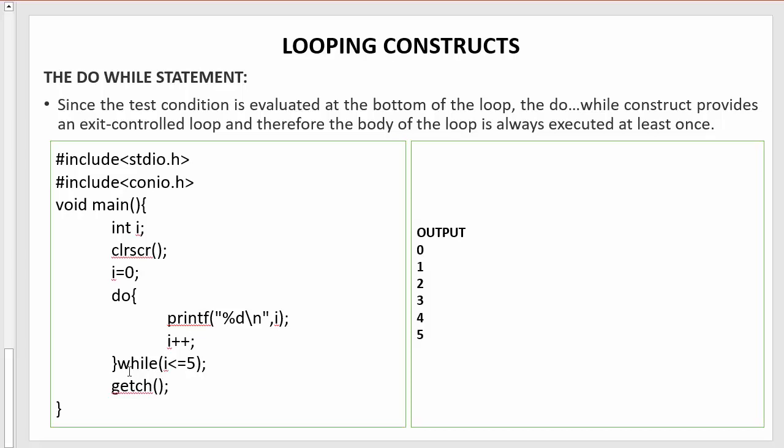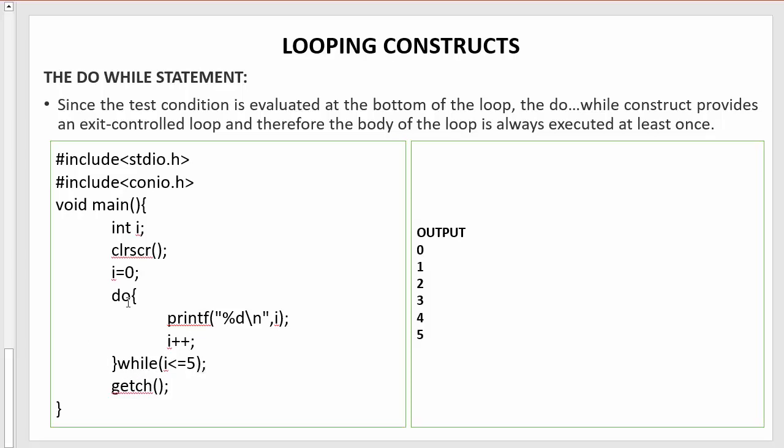Since the condition is true, control goes back to do, where it prints the value of I, which is 1. Then I gets incremented by 1, so now I becomes 2. Again the condition is evaluated: 2 is less than or equal to 5, yes, true.